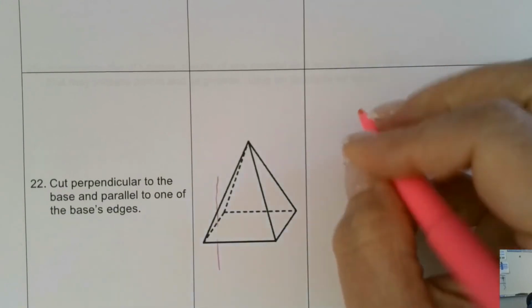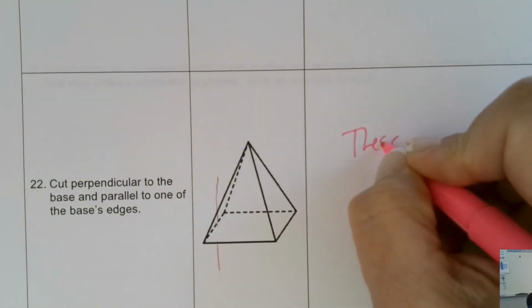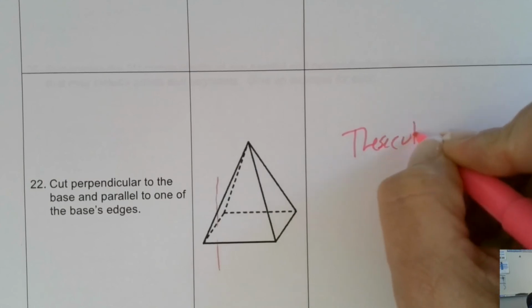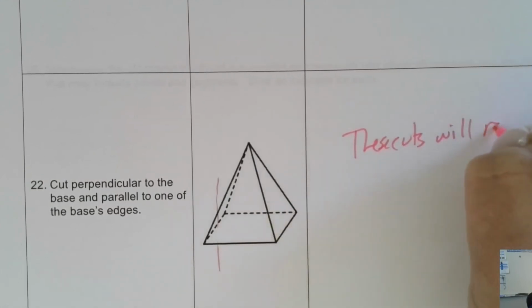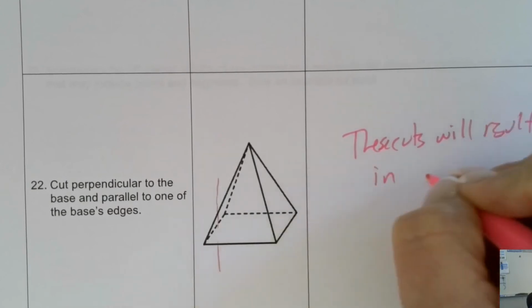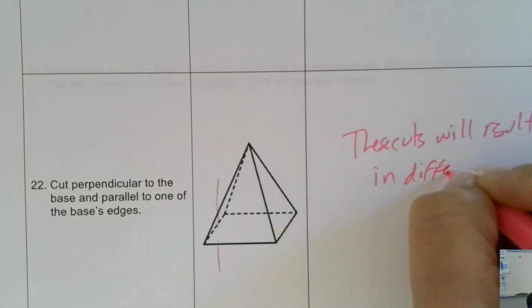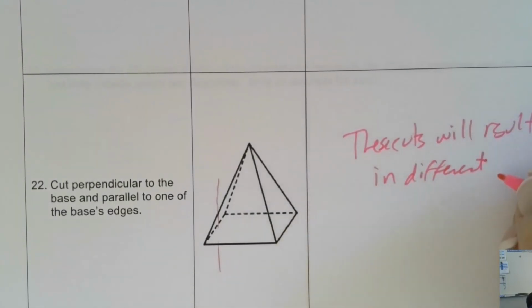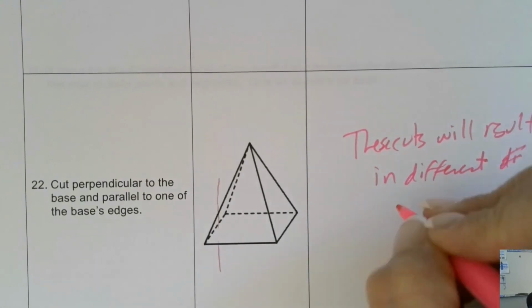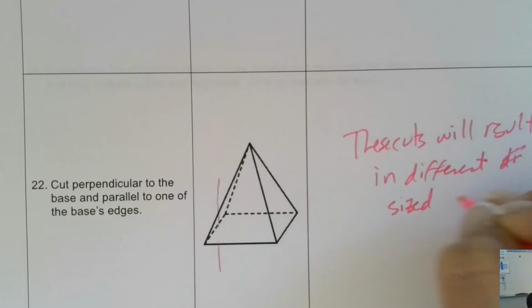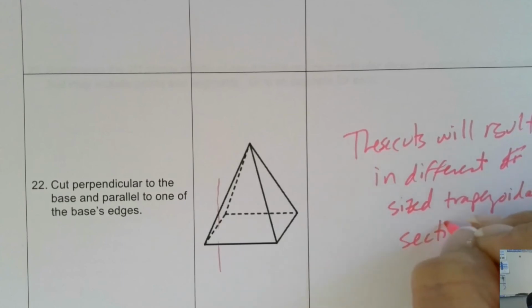These cuts will result in different sized trapezoidal sections.